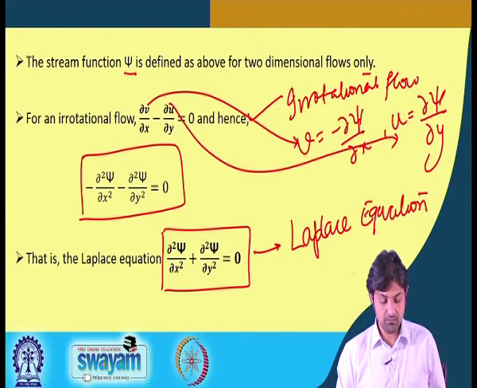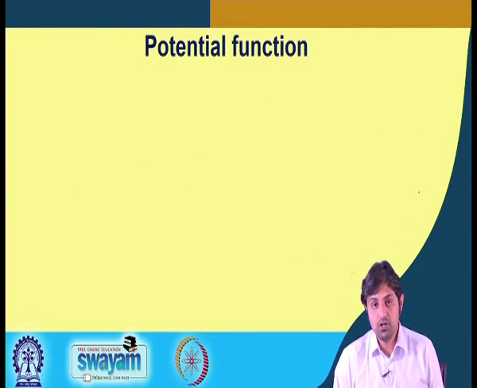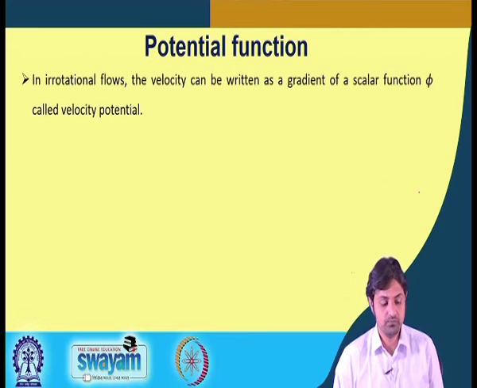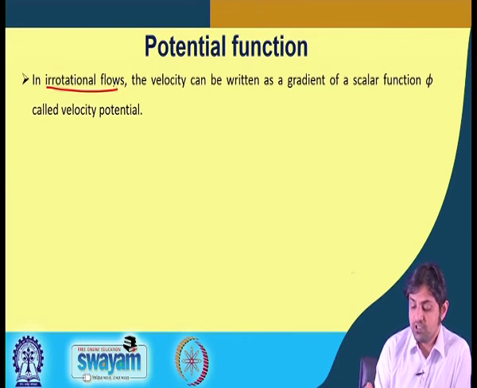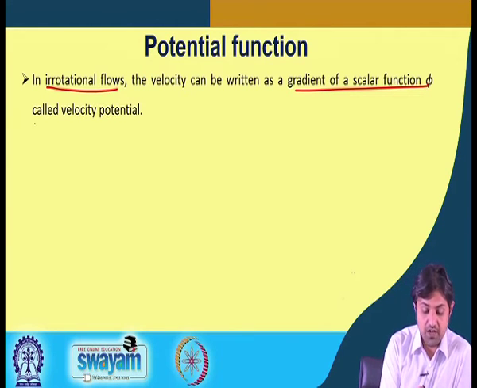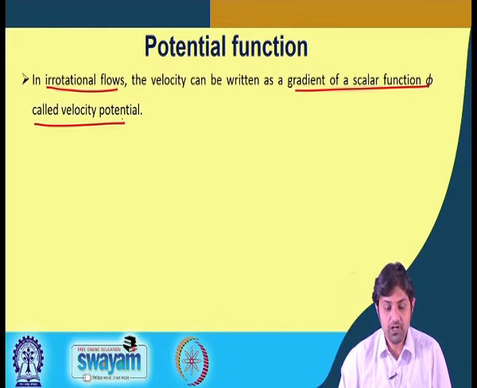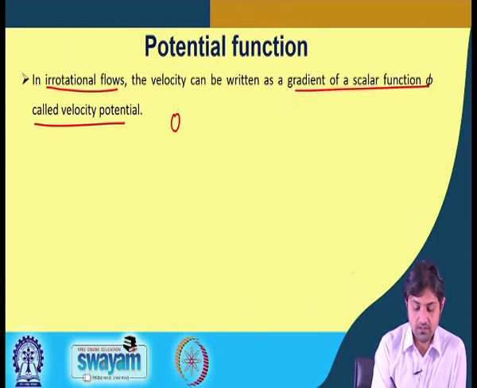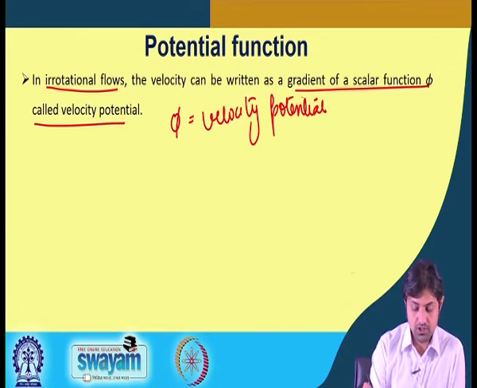So, we can proceed to the next slide. There is something called a potential function. In an irrotational flow, the velocity can be written as the gradient of a scalar function phi called the velocity potential.